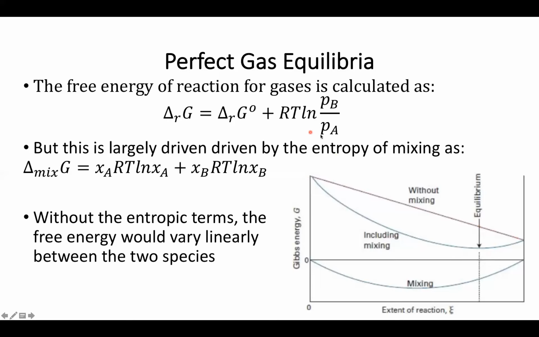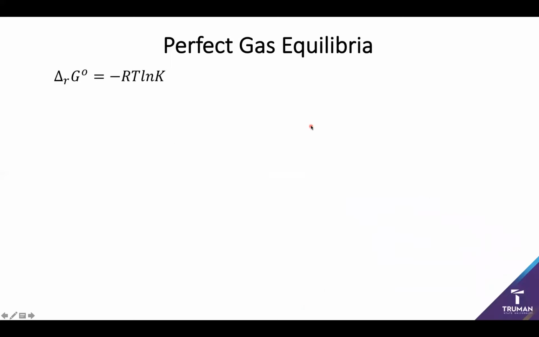But instead, we have to realize there's going to be this extra feature based on pressures. And this is what's going to drive our mixing of species. And we can also look at this from another perspective, where I can take this relationship between my standard states and the equilibrium composition of my system.